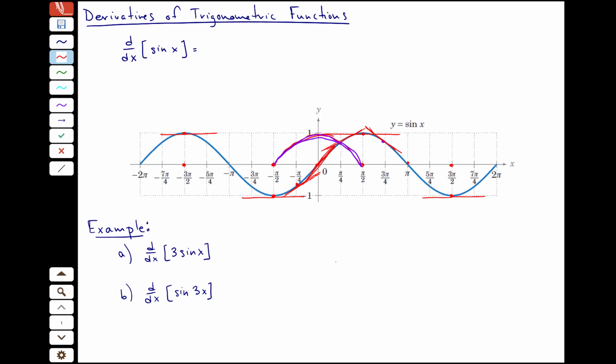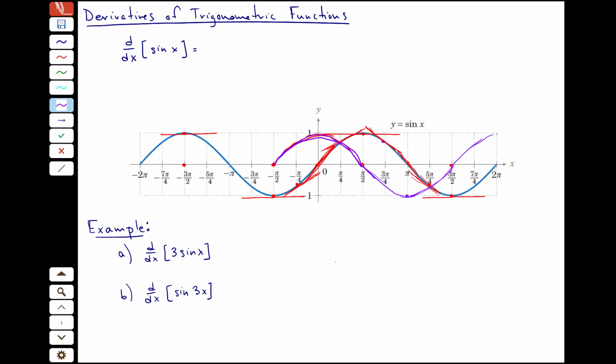It looks like they're at their steepest around pi, and then they get less steep as we head to 3 pi over 2, and then at 3 pi over 2 we have a slope of 0 again. And so if I were to draw that, it looks like the slope gets as low as minus 1, and so the graph of all of these slopes looks like it might be something like this. And I can keep on doing that.